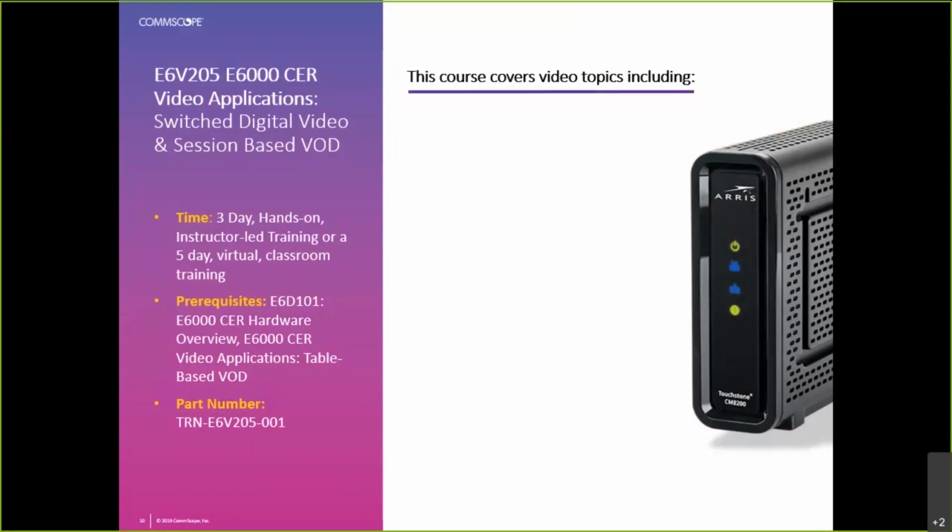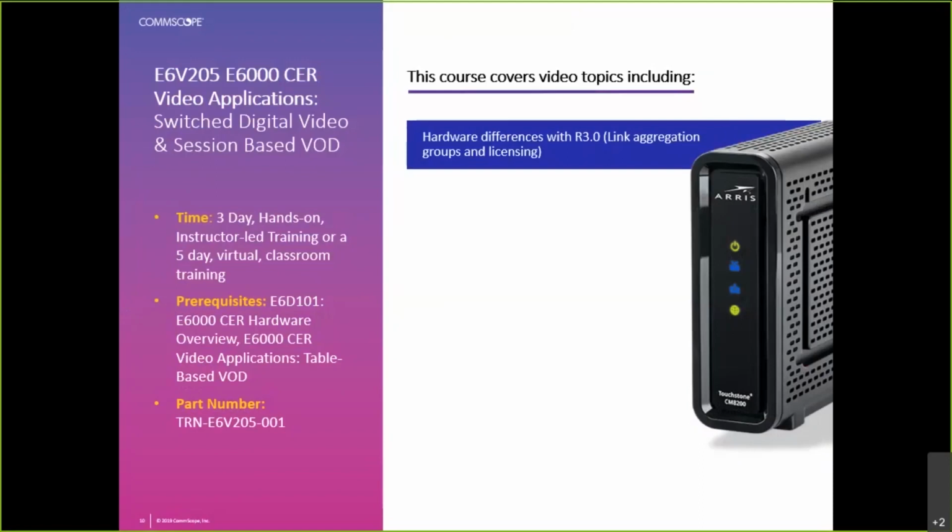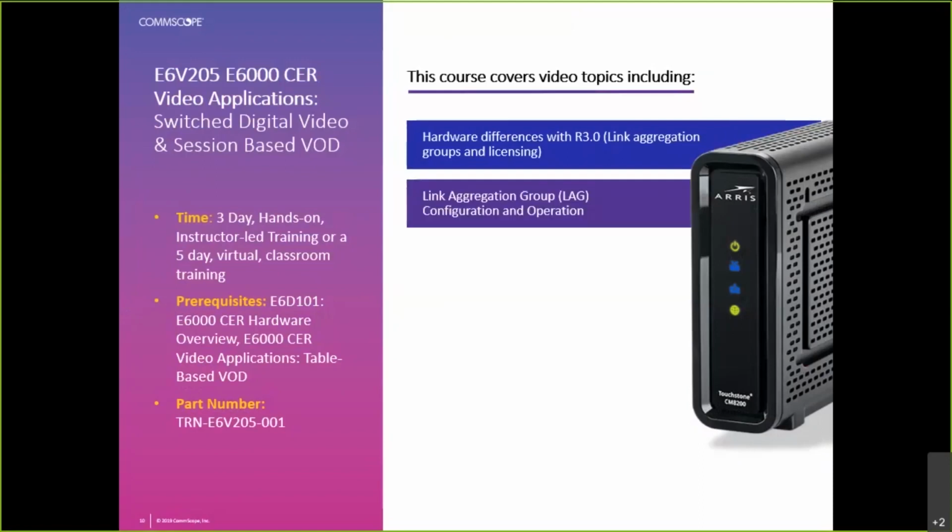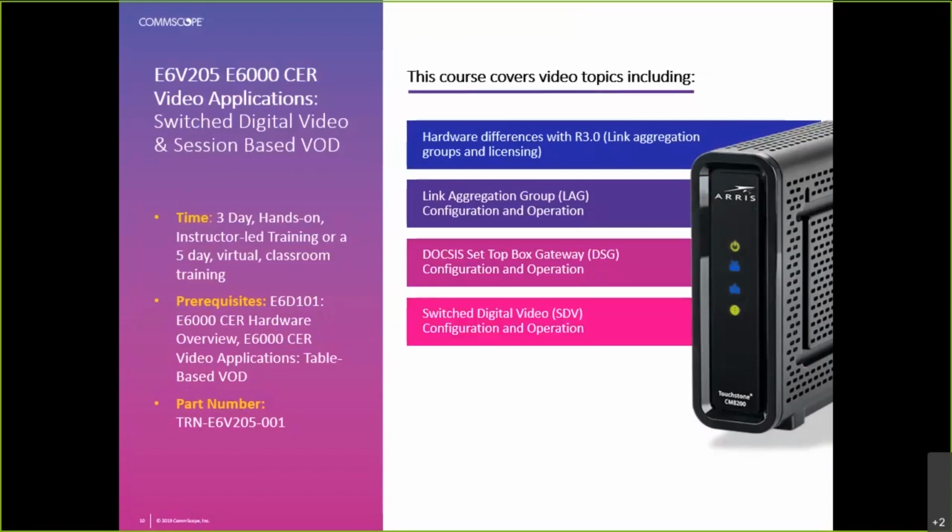In this course, we're going to look at the hardware differences. We also are going to look at link aggregation, DOCSIS set-top box gateway, and then we will move into switch digital video configuration and operation, since that is much different than table-based VOD.